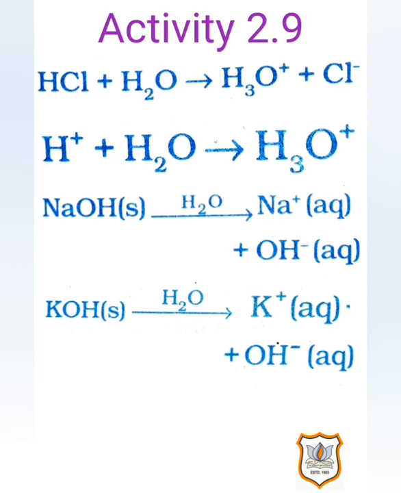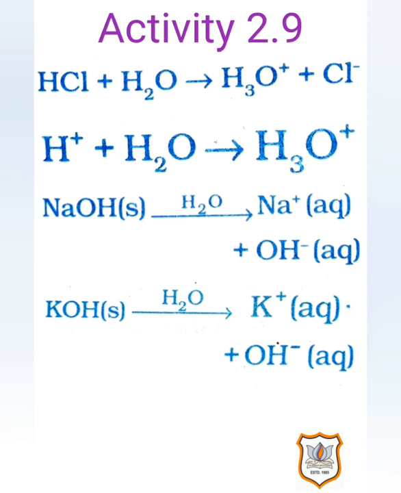So HCl gas with dry litmus paper, there will be no change of color of blue litmus paper, while HCl gas with wet litmus paper, blue litmus paper changes to red. So this activity infers that only HCl solution releases H plus ions and the acidic property exists due to only H plus ions.